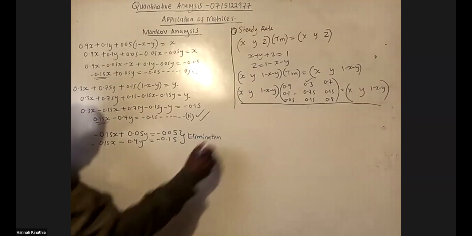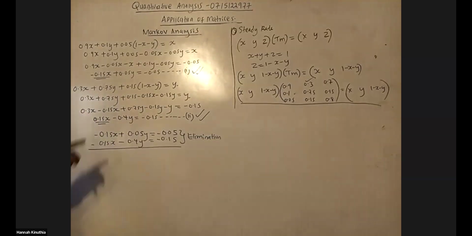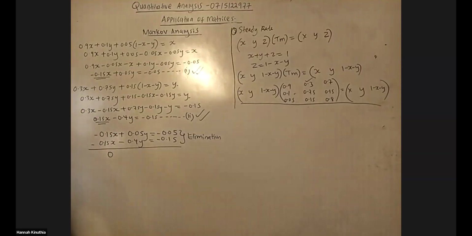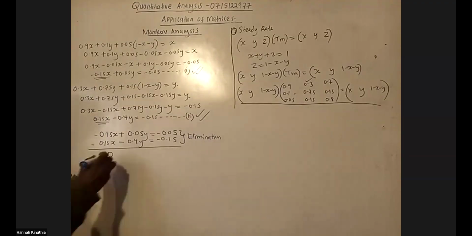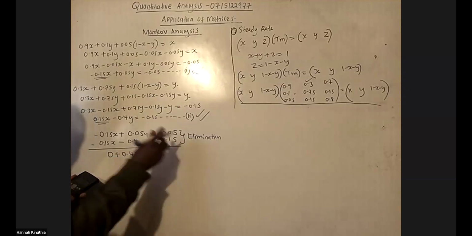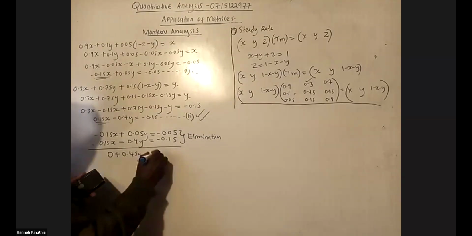Elimination method. So how do we eliminate? Do we add or do we subtract? We subtract. Minus 0.15 minus 0.15 is equal to 0. So we subtract so that it will be minus. Then on the other side, 0.05 minus 0.4 gives plus 0.45y is equal to minus 0.05 minus 0.15, which is 0.1.